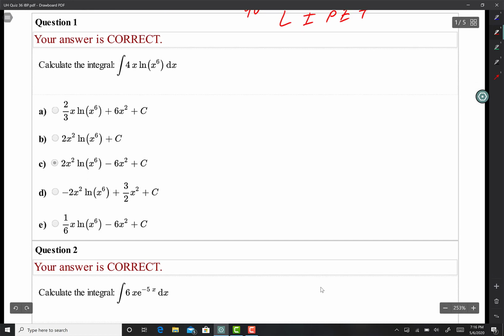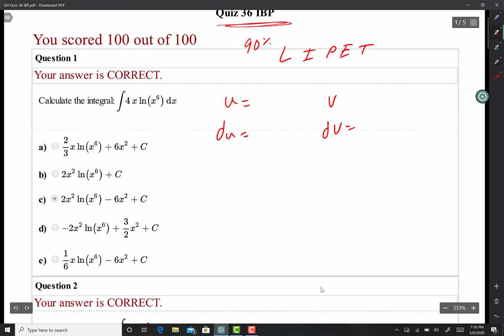So what I'm going to do here is integration by parts. I'm going to write u, du, and v, dv. According to my LIPIT formula, I'm going to make the logarithmic the u, so u is ln of x to the 6.